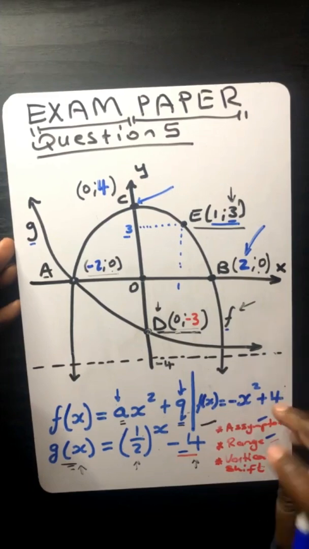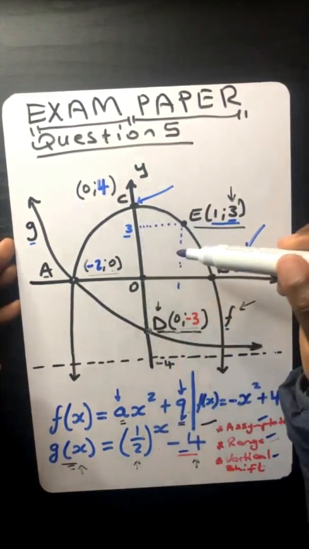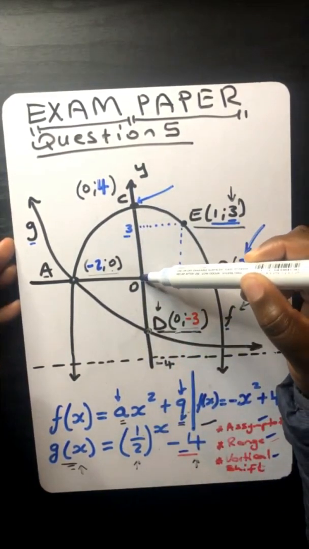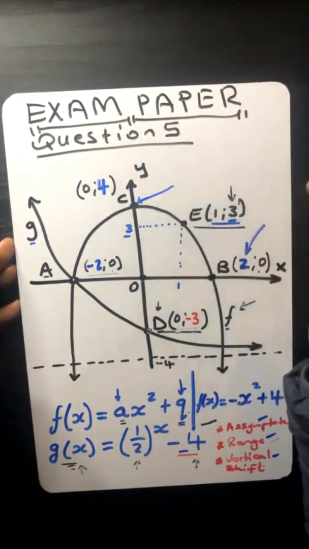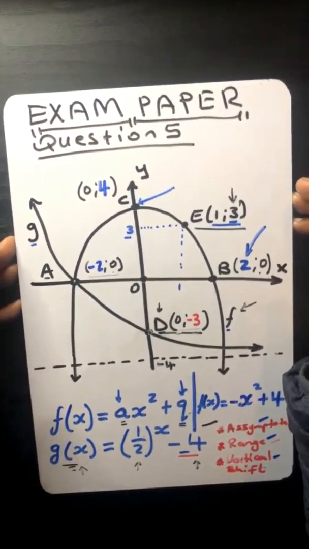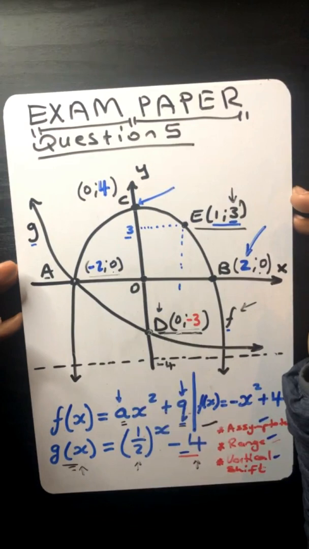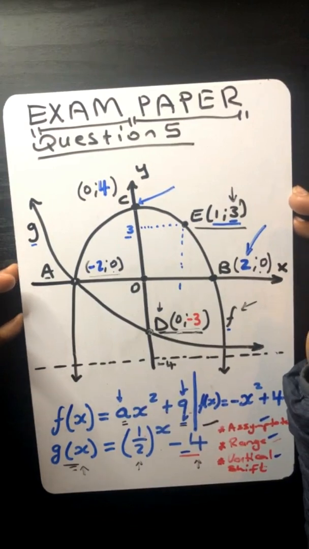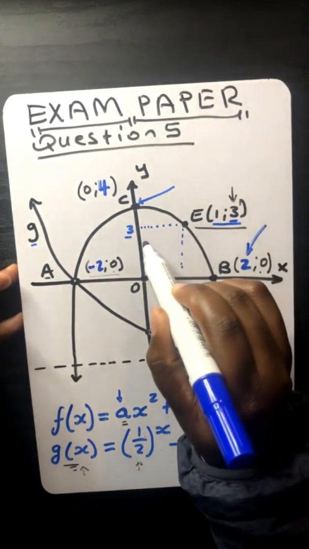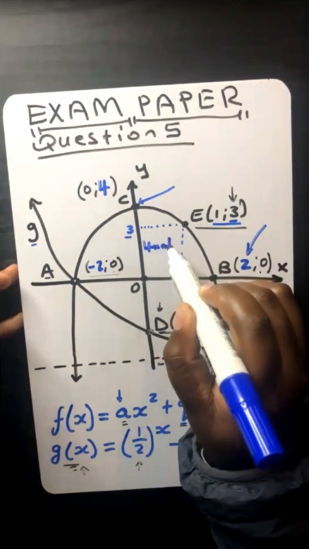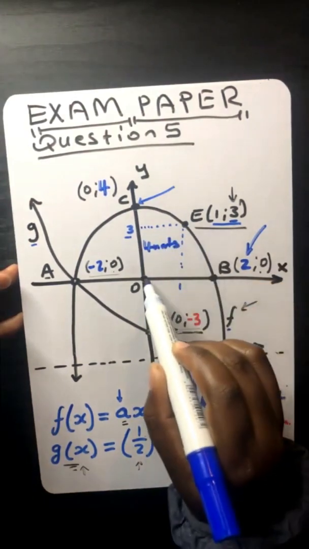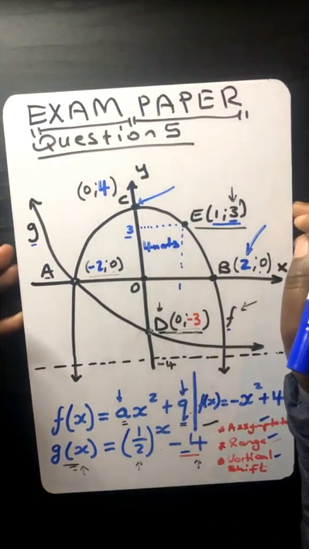What is the distance from the origin to that point, which is C? It's 4. So that 4 means 4 units. Then from the origin to D, what is the distance there?